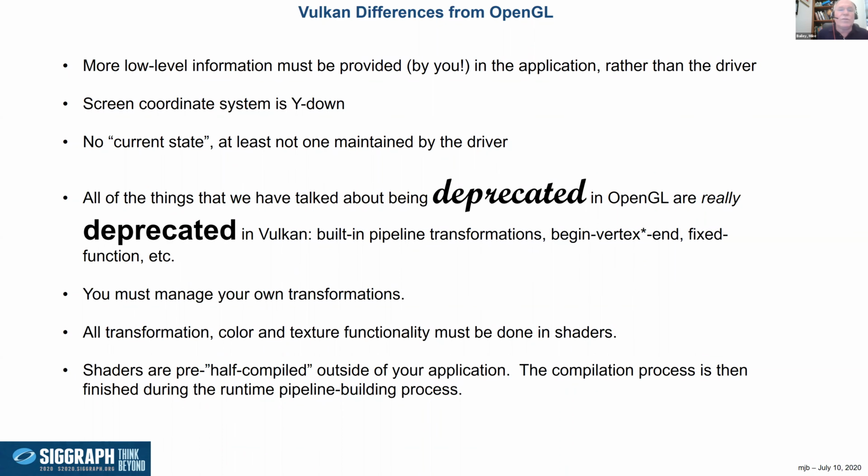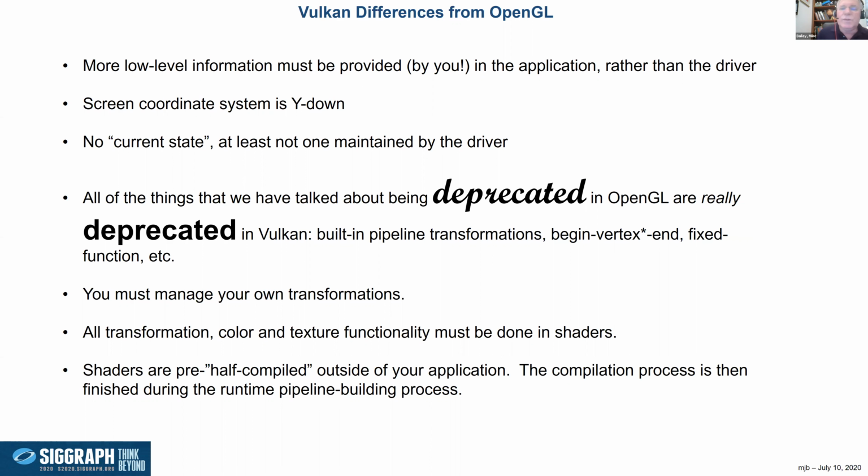The screen coordinate system is Y facing down. That's not a big deal. It sounds like it is, it's not, and we'll look at how you handle that. There's not a current state, not in the OpenGL sense. You are going to create the current state. It's something called the pipeline data structure, and we will spend a bunch of time on that because that's huge.